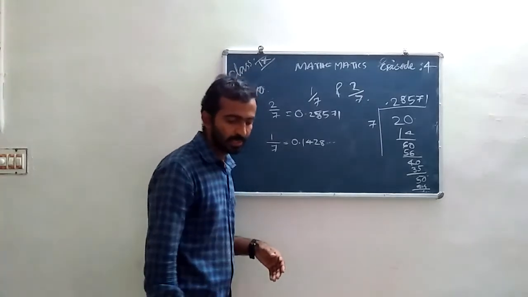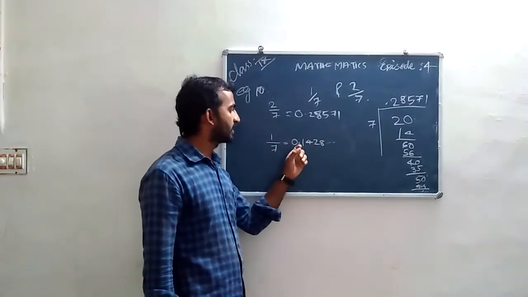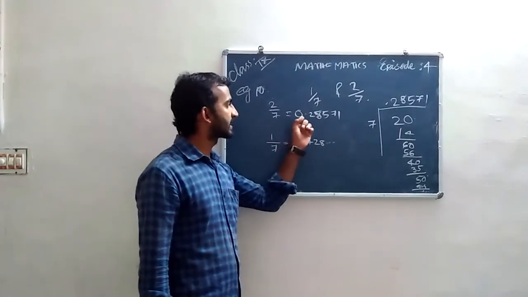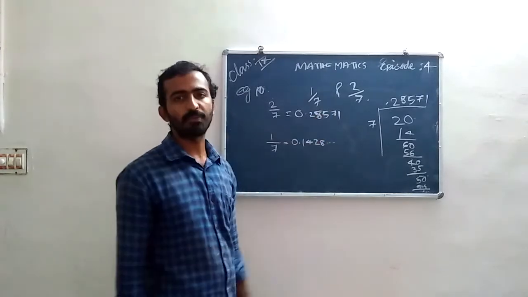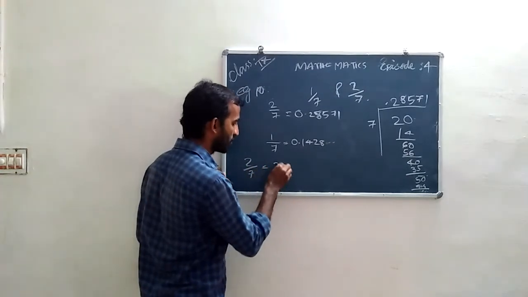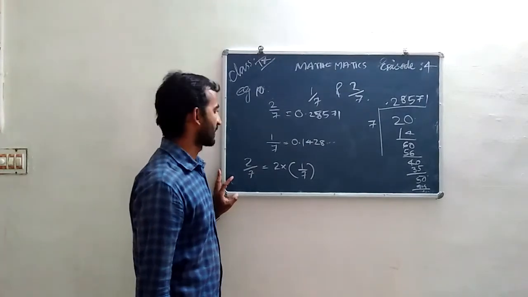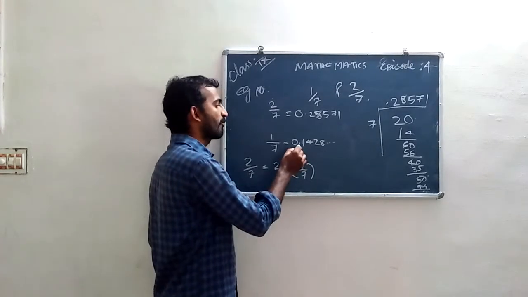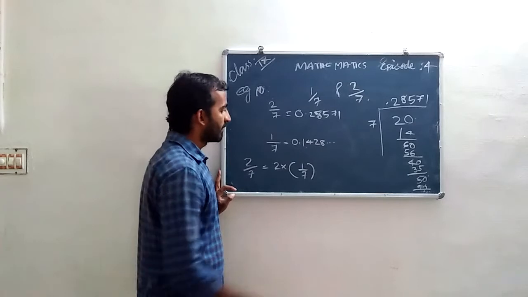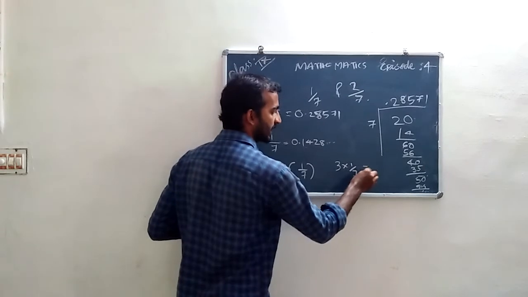Is it correct? Yes. So 1/7 is 0.1428 and 2/7 is 0.28571. We can write 2/7 as 2 times 1/7. When we find the value of 1/7 and multiply by 2, we get 2/7. When we multiply by 3, we get 3/7.